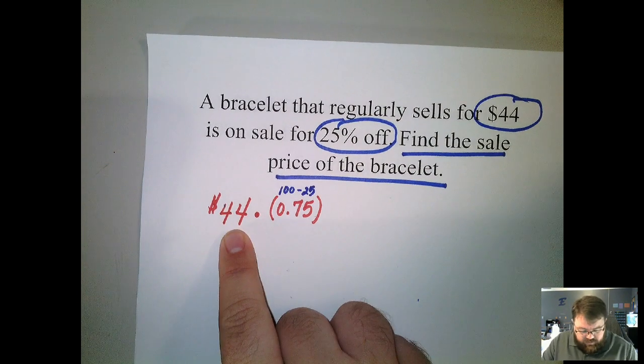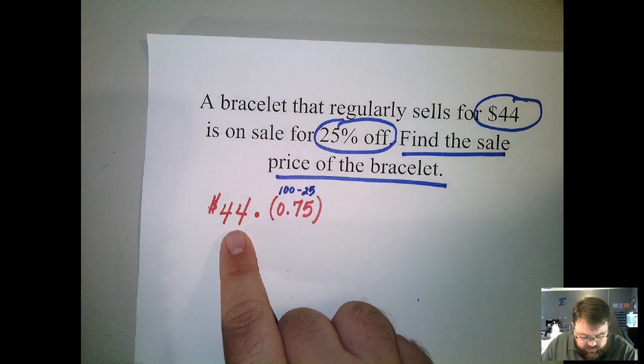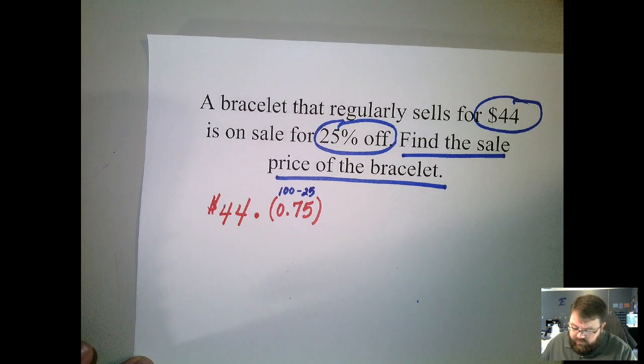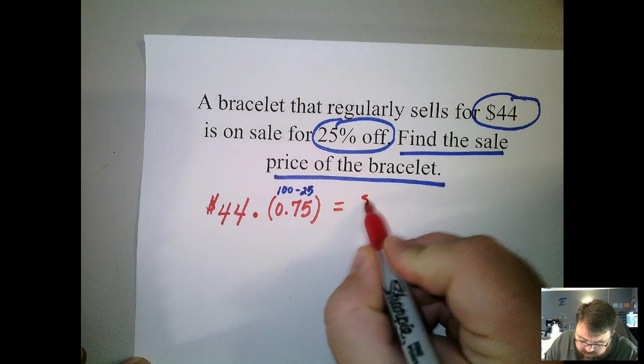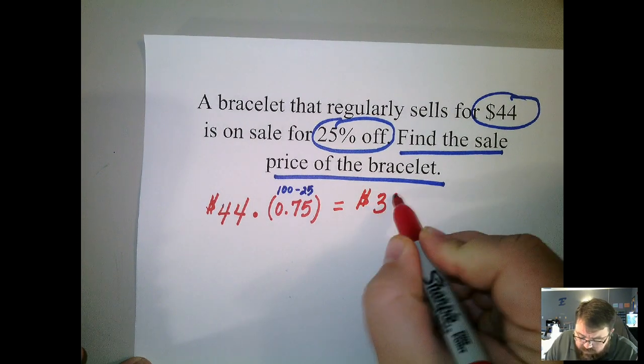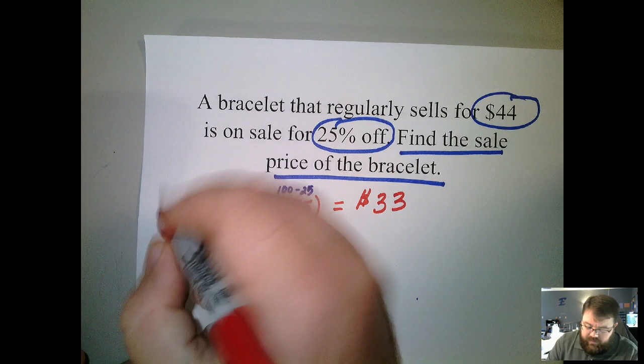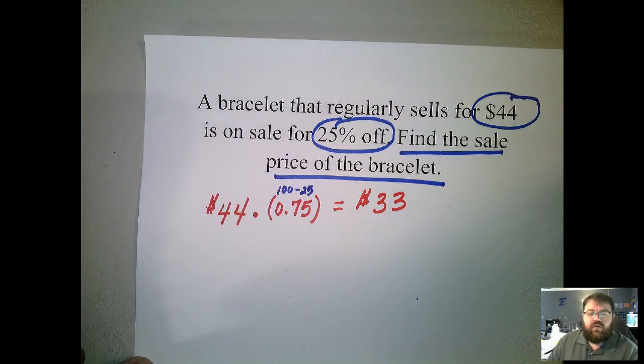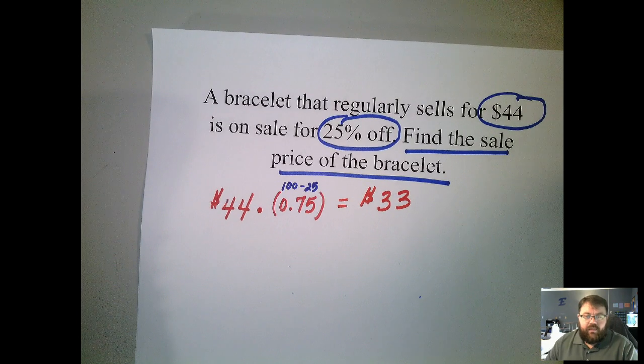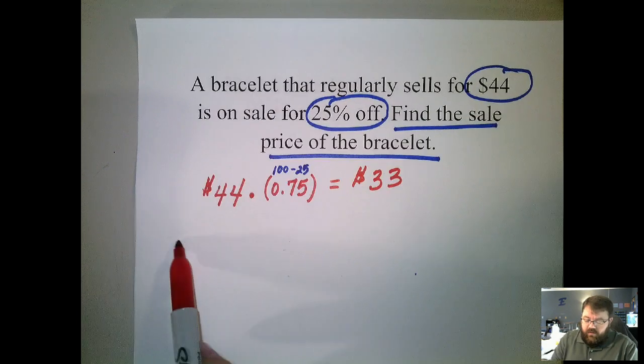Now from here, I can do 44 times 0.75, and that's going to give me $33. That is what you could do to get your answer.